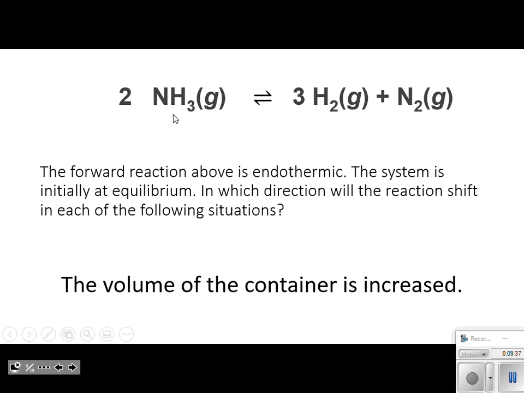When I decrease the pressure, it drives the reaction to the number of moles that is higher or lower of the gases? Higher. So if I decrease the pressure, it drives it to where I have the higher number of moles. And which one is the higher number of moles? Products. So which is going to be favored, forward or reverse? The forward. Does that make sense? Okay, good.